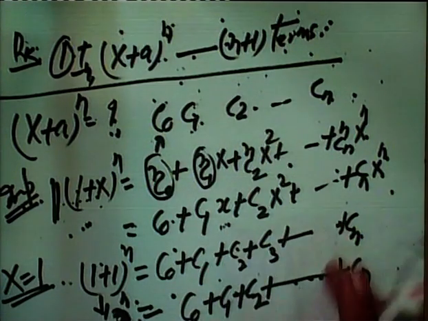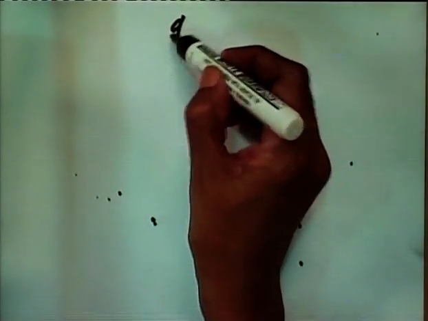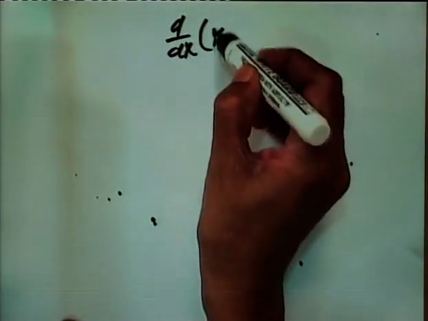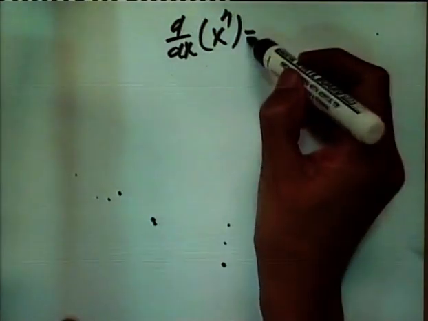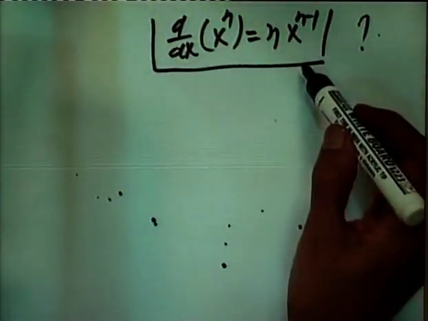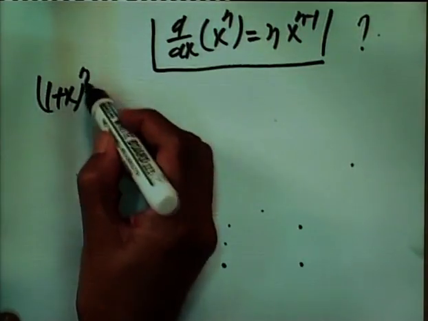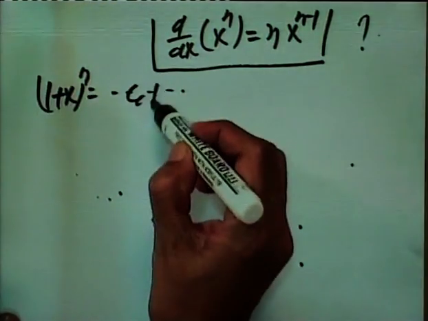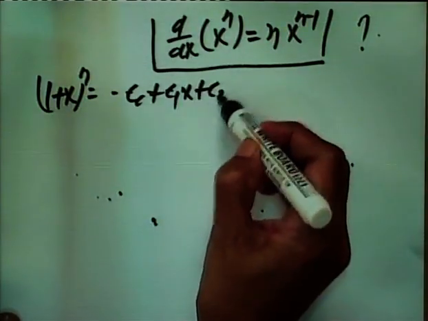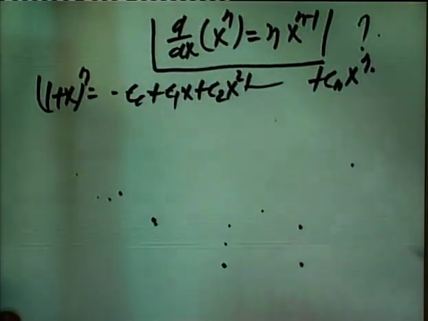For example, I do not know whether you have differentiation in your syllabus, but I am just writing it for your information. I am using this 1 plus x raised to power n. This was your C0 plus C1x plus C2x square plus up to Cn x raised to power n.